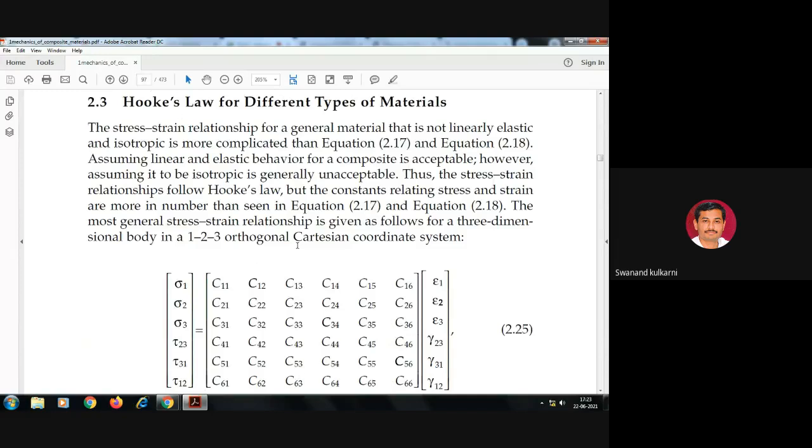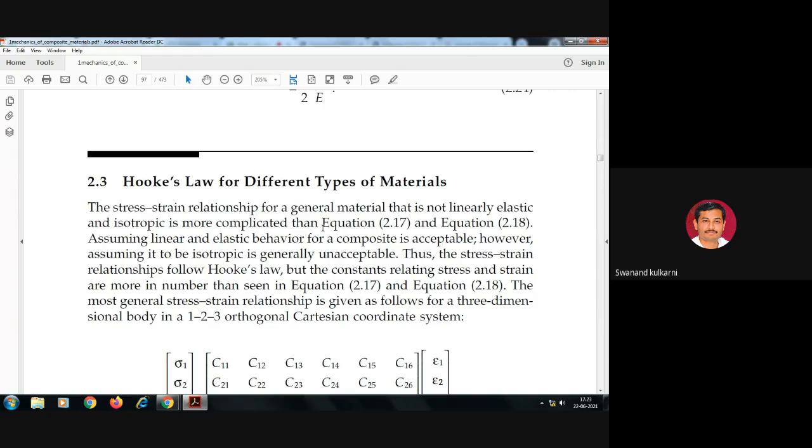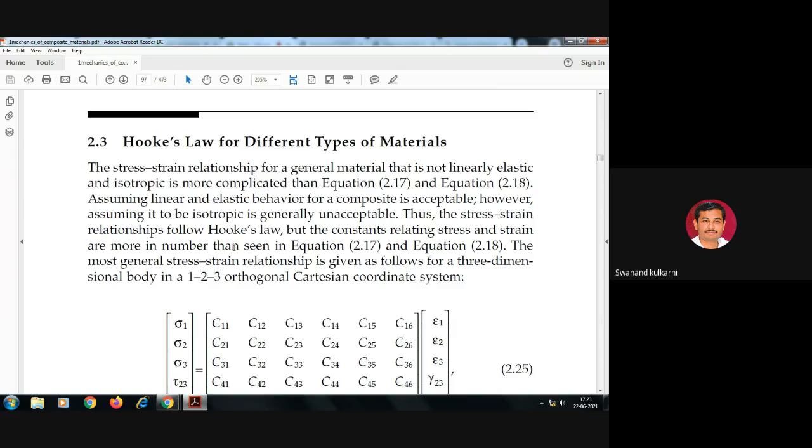At the same time, during last semester, we studied solid mechanics and we have taken the reference of solid mechanics also. So the concept of macro mechanical we have studied basically from solid mechanics, and then lamina, where a number of laminates come together to form one lamina.